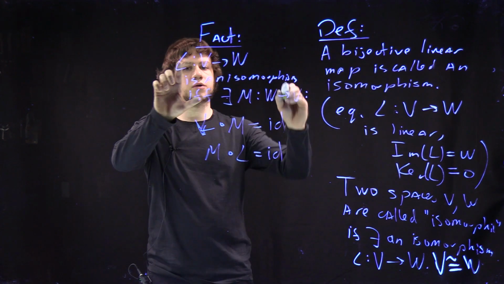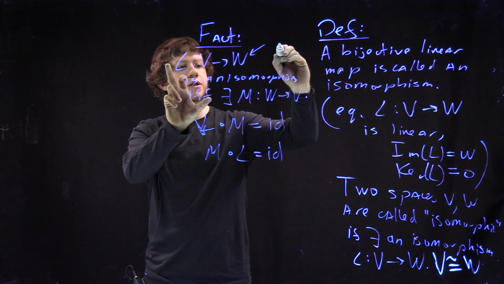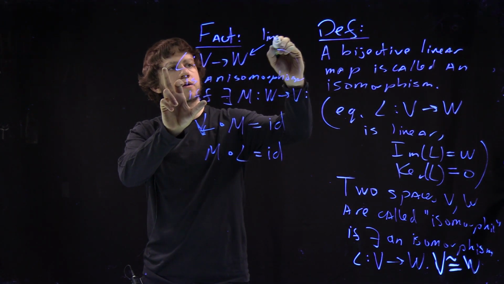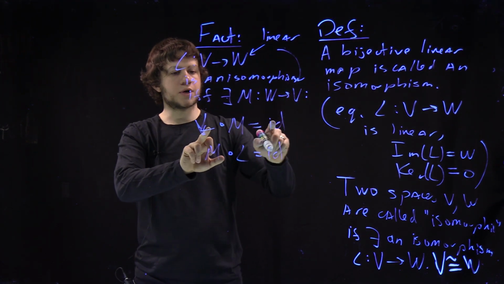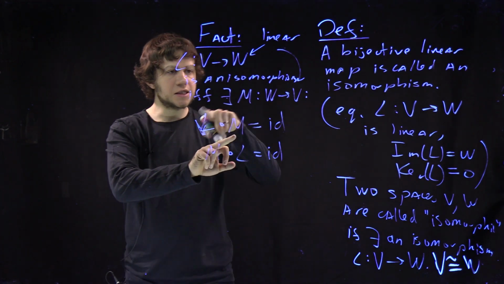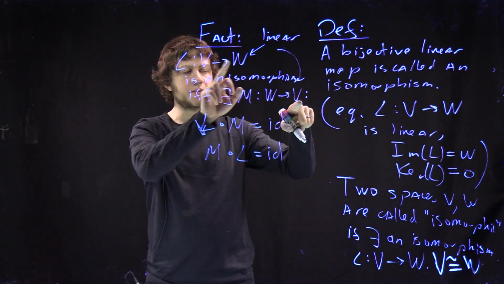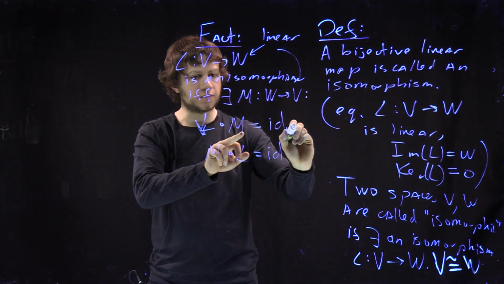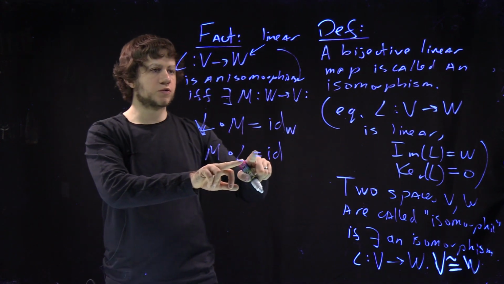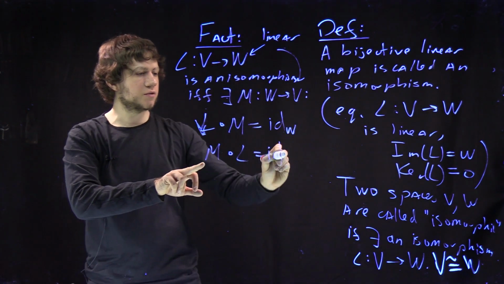Identity, of course, depends. This one goes from W to V and then back to W, so this is identity of W. And this one goes from V to W and then back to V, so it's identity in V.